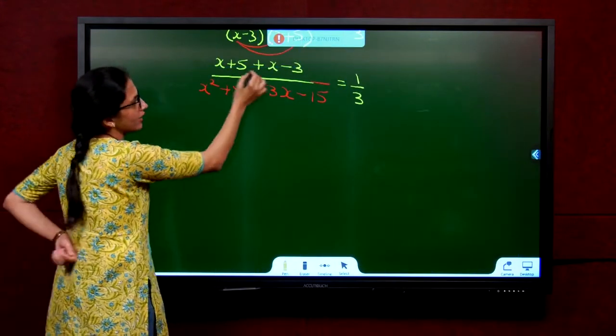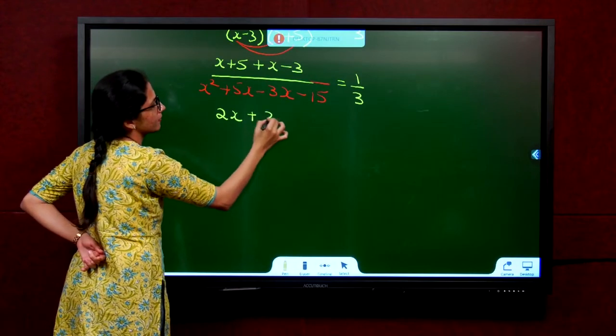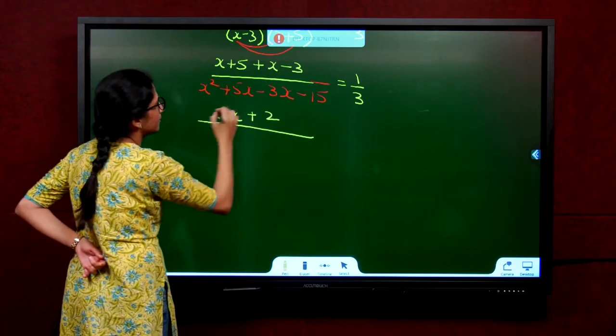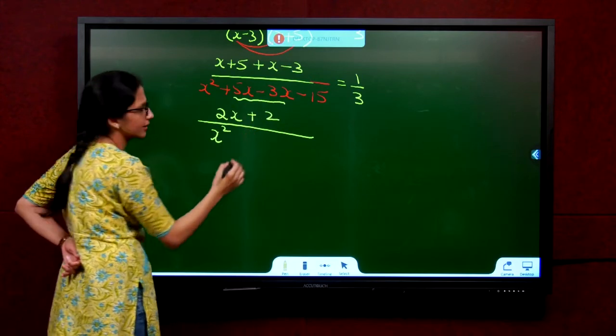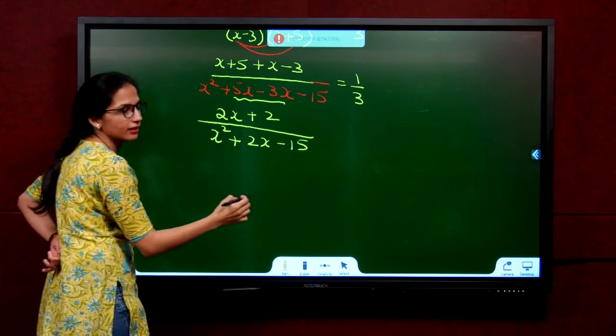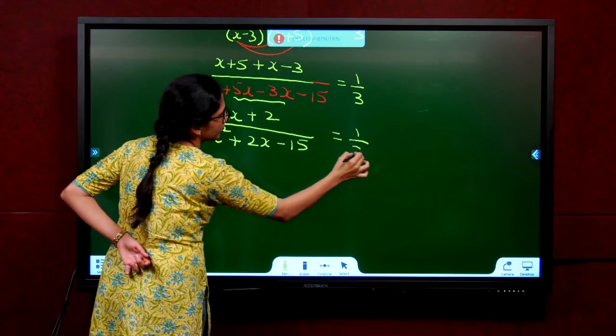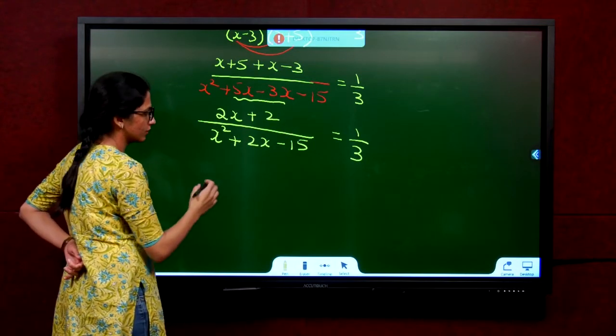So now x plus x, 2x, 5 minus 3, plus 2, divided by x square 5x minus 3x plus 2x minus 15, is equal to 1 by 3. Cross multiply, 3 will go here, 1 will go the whole thing there.